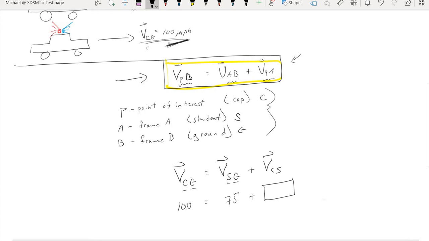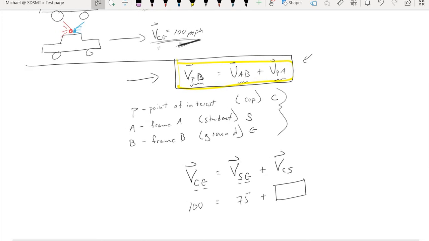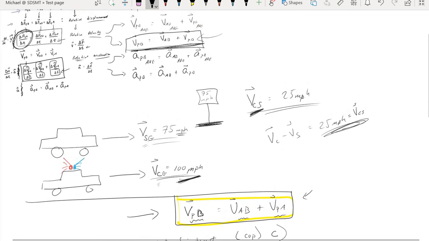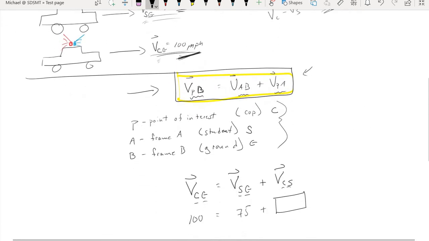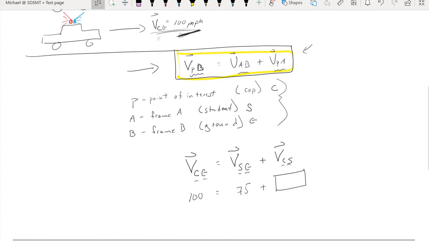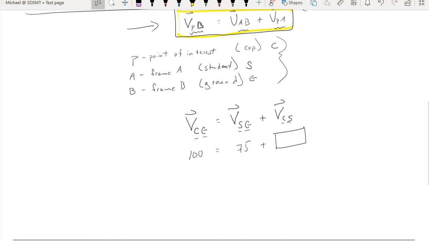And the last one is the velocity of the cop with respect to the student, which is what you measured up top. Well, what would that value have to be in order to make a true statement? Well, we would have to take the velocity of the cop with respect to the ground and subtract the velocity of the student with respect to the ground.